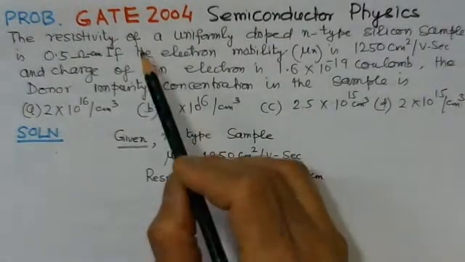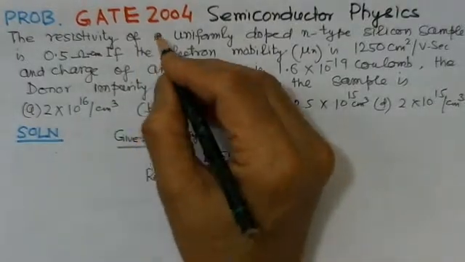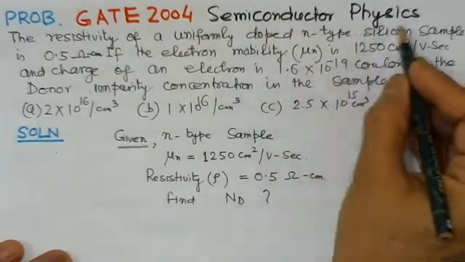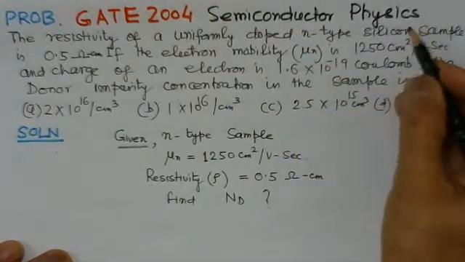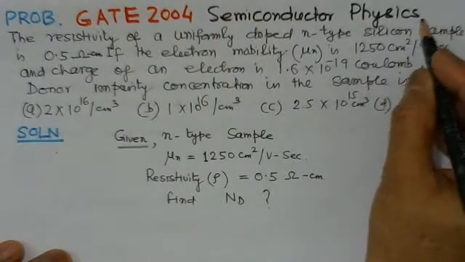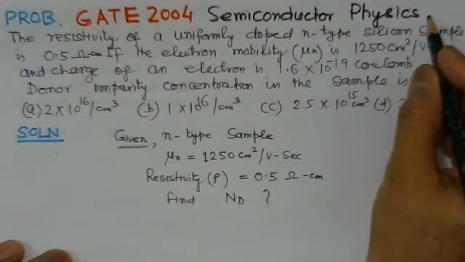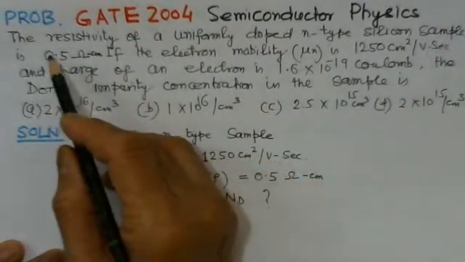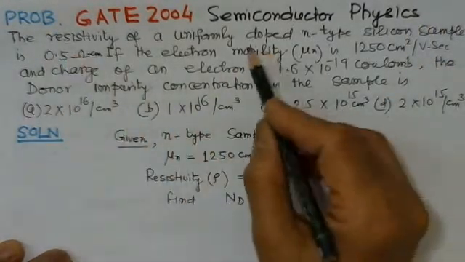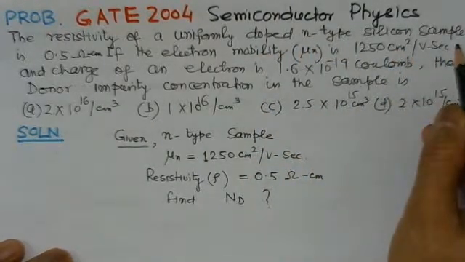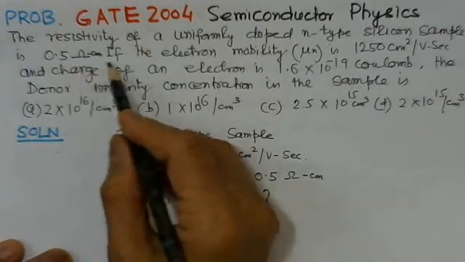The first problem which we are going to discuss is the problem of GATE 2004 from the area of semiconductor physics, and it's in the basic subtopic of carrier transport phenomenon. The problem reads: the resistivity of a uniformly doped N-type silicon sample is 0.5 ohm centimeter.